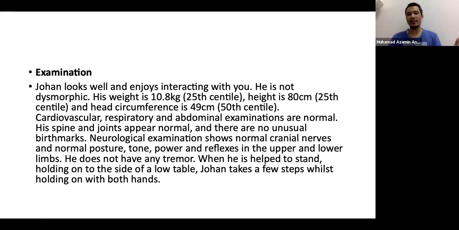So if we're talking about a metabolic condition, for example glycogen storage disorders, where is the glycogen stored? In the liver. So if you suspect a metabolic disorder, what findings or signs will you find?